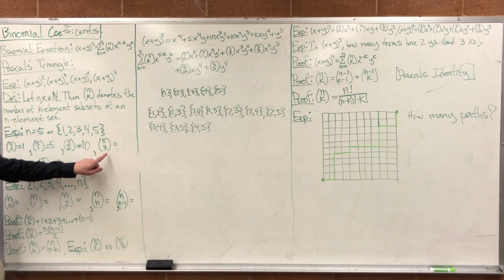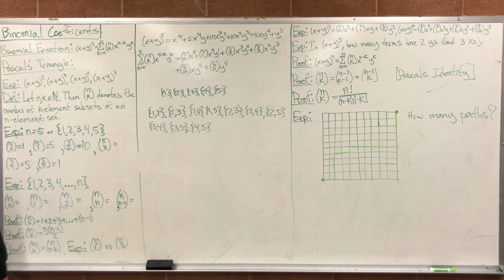Now let's think about 5 choose 3. How many 3 element subsets could I have created from a 5 element set? Similar trick that we already used. When I create a 3 element subset, that's the same as choosing 2 elements to leave behind. So how many?